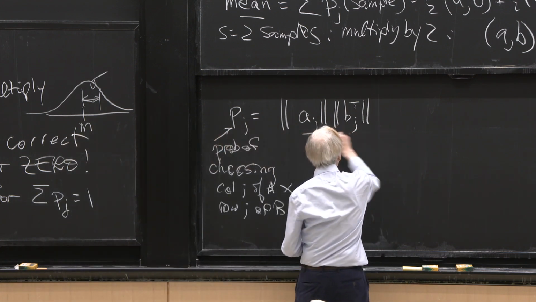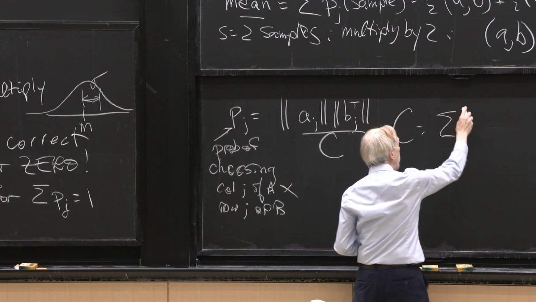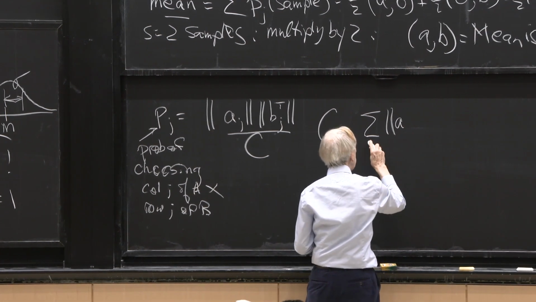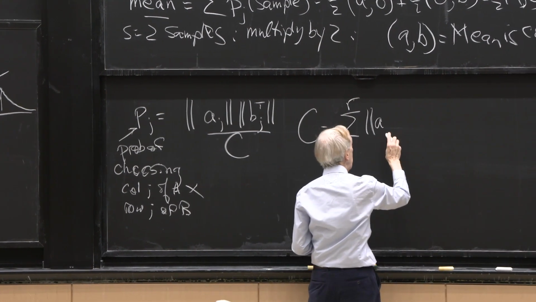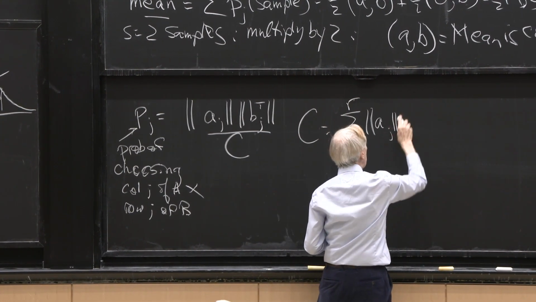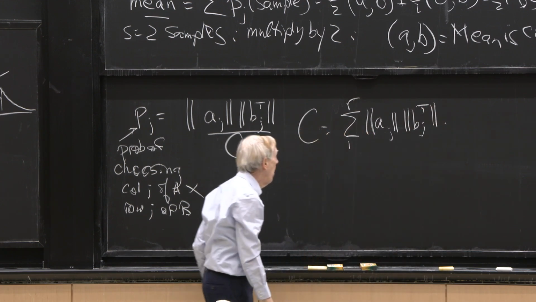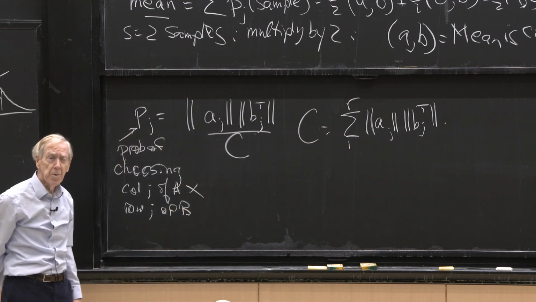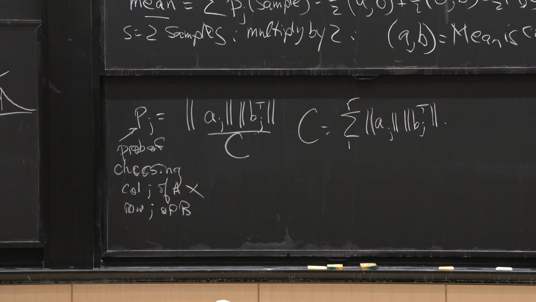So the probability is going to be that over C, and C is the sum of however many rows and columns, I guess R in my picture, of Aj, Bj transpose. So all I did was rescale the probabilities so that they now add to 1. Good. Now I'm ready to go to work.